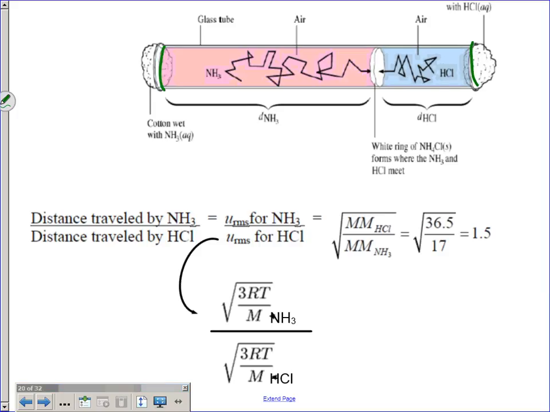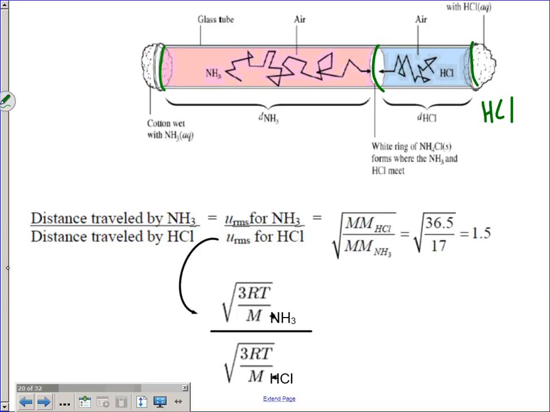One's soaked with concentrated ammonia, and one's with concentrated HCl. Why does the formation of that precipitate, which is ammonium chloride, form right here closer to the HCl side? Does it move faster? Why? Okay, because it's lighter, so lighter things have a greater velocity they can take on.